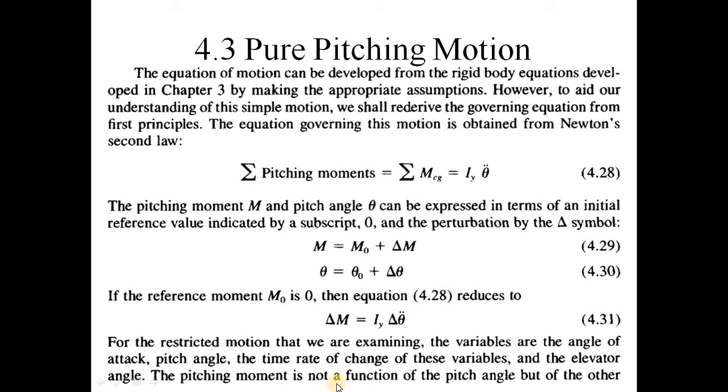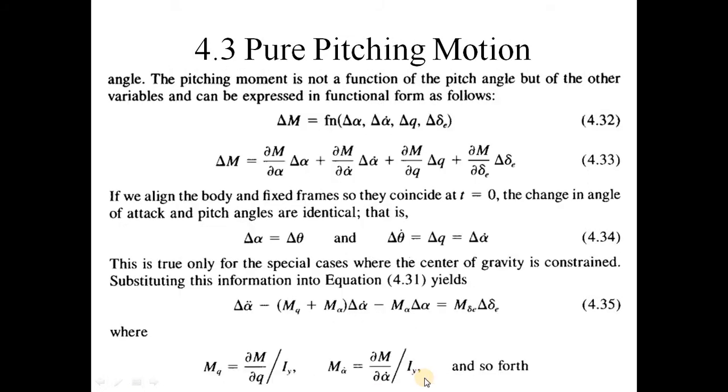So the pitching moment is not a function of the pitch angle, but of the other variables, and this can be expressed like this. The perturbation of moment is a function of alpha, the change of alpha with respect to time, q the pitch rate, and the elevator deflection.